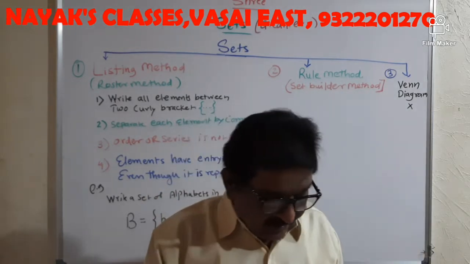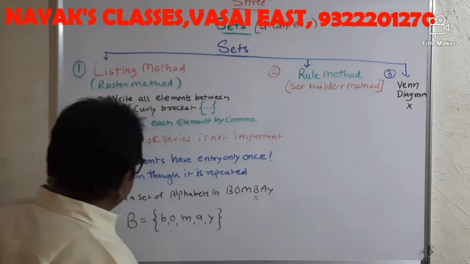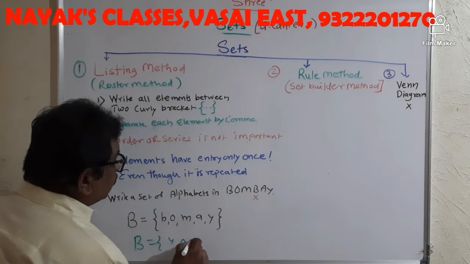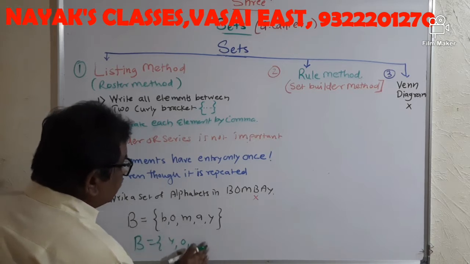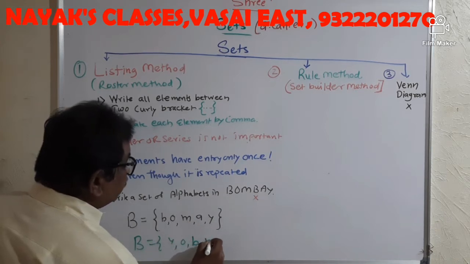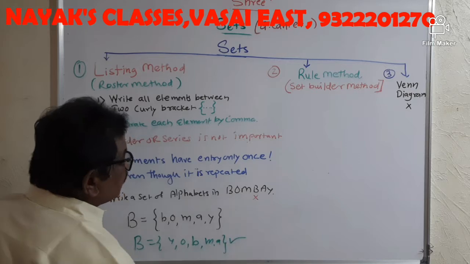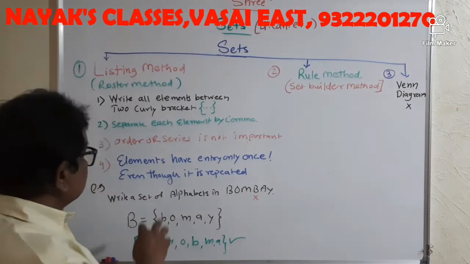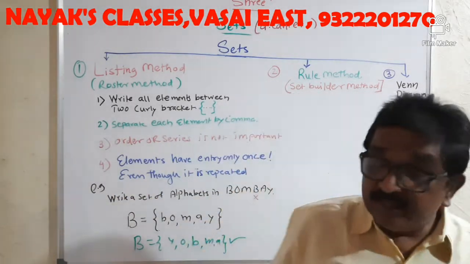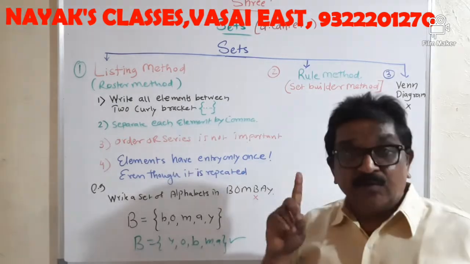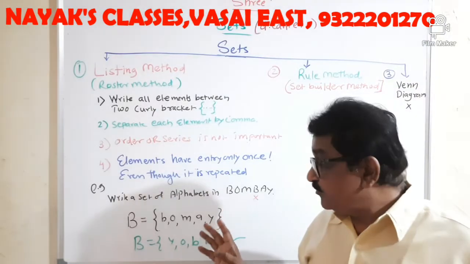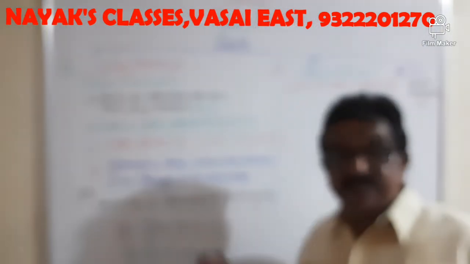You can write this set in a different way: B is a set of Y, O, B, M, A. This is also correct. So series or order is not important, and the main thing is that each element will have an entry only once. So this is writing a set by the listing method.